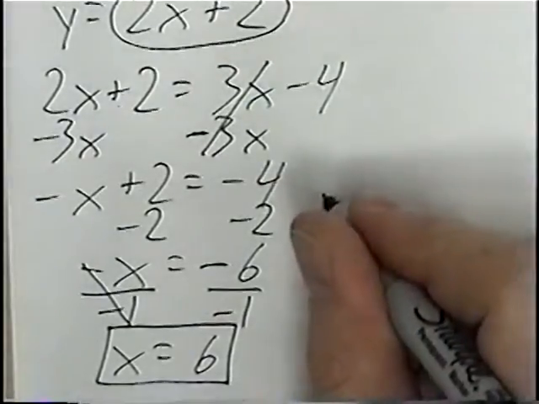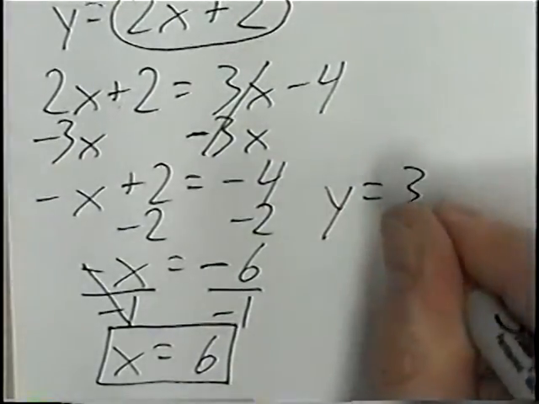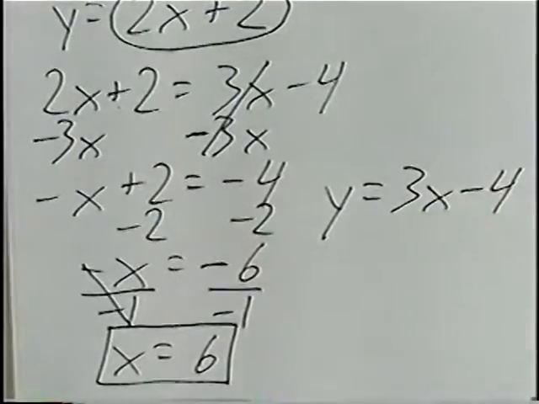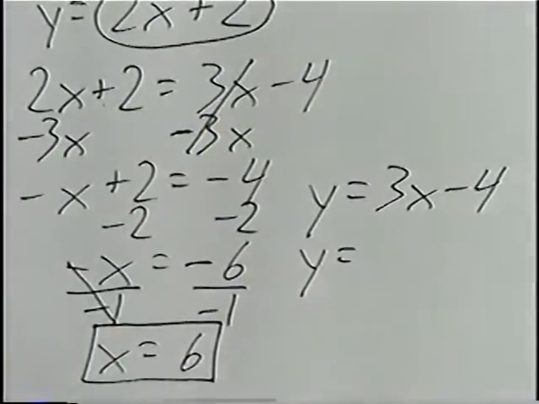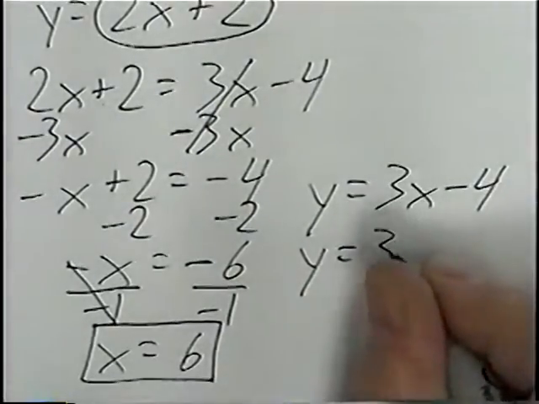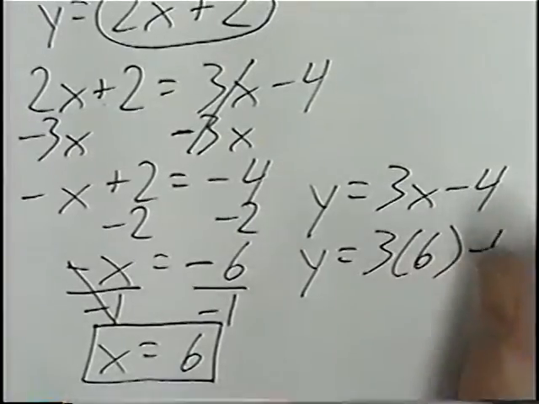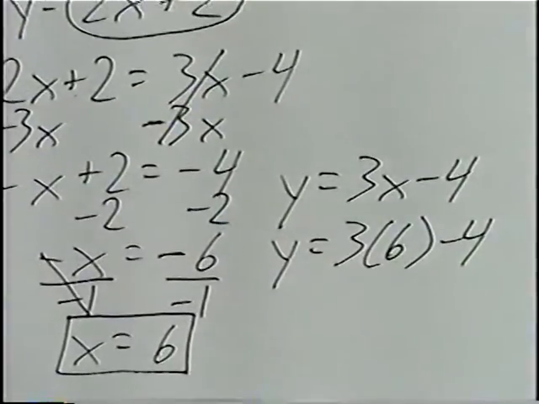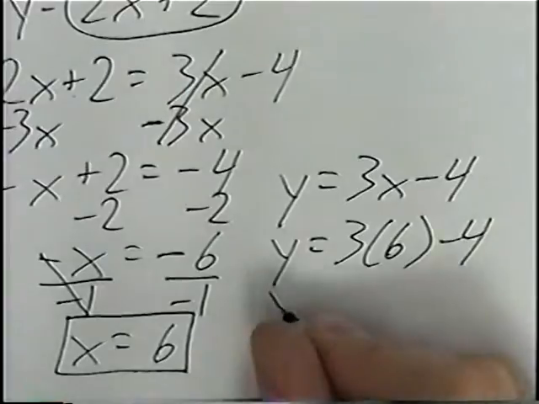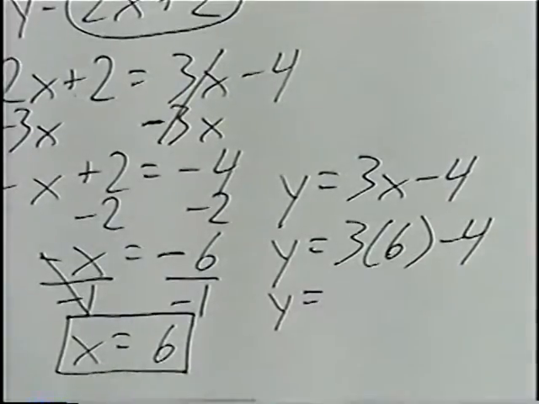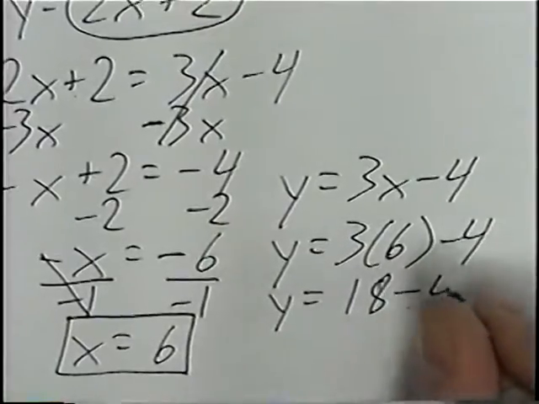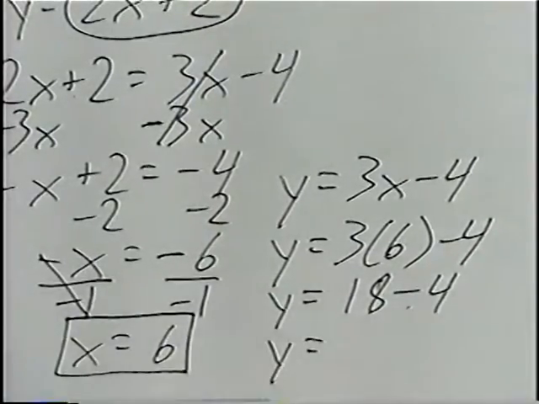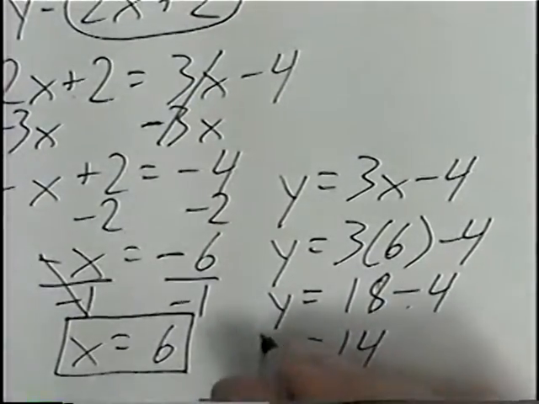If we take the first equation, which was y equals 3x minus 4, now we know x is 6. We can plug a 6 in for x and solve for y. 3 times x would be 3 times 6 minus 4. Y equals, multiplying first, 3 times 6 would be 18. 18 minus 4, and the answer would be 14.